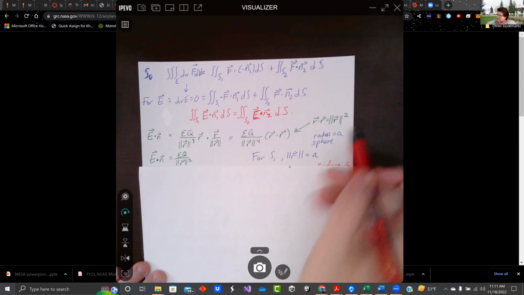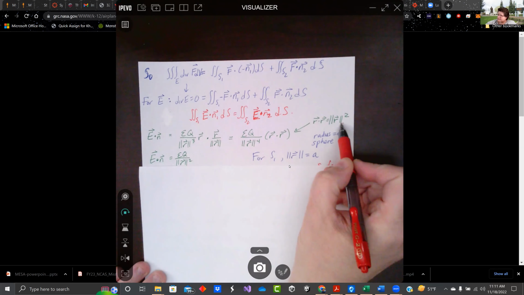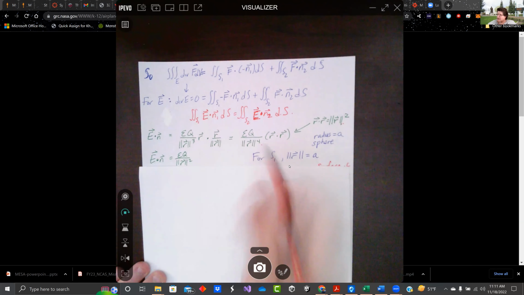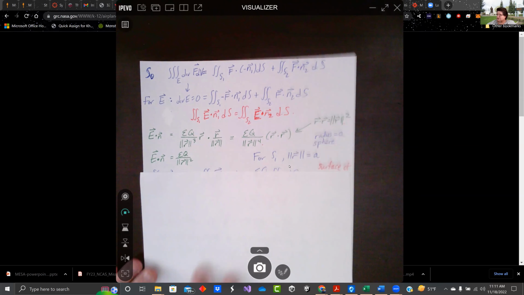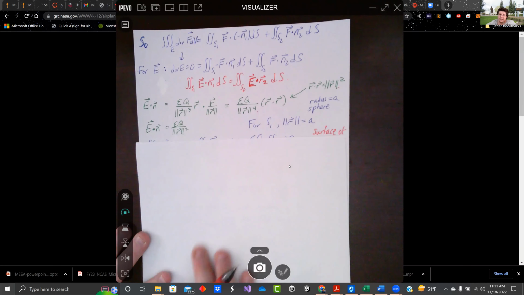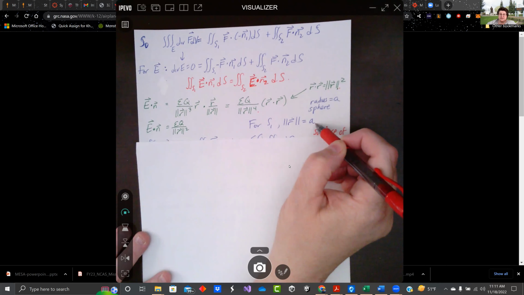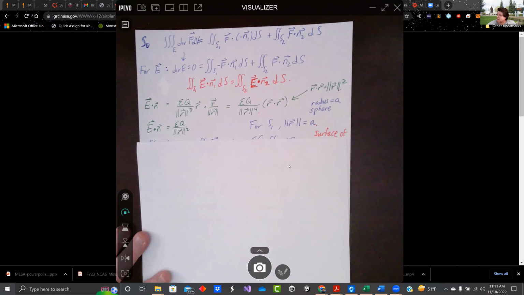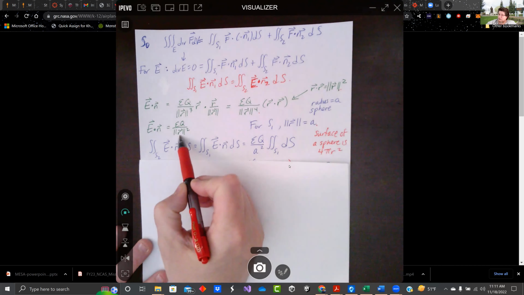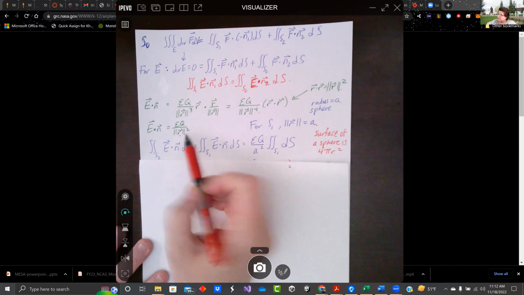So the R dot R will cancel out 2 of these, and we get EQ over the magnitude of R squared. Recall that the magnitude of R is A, since the sphere is radius A. That's our inner sphere. So that's just A squared on the bottom, and this is all a constant now.